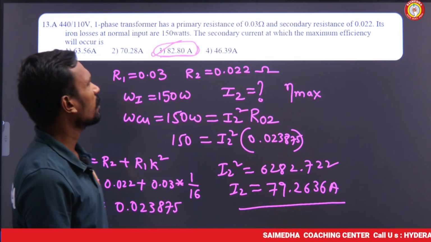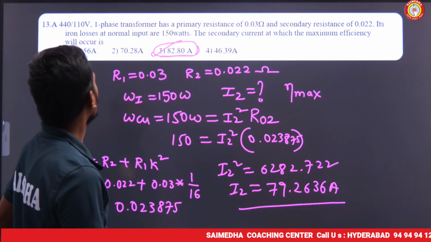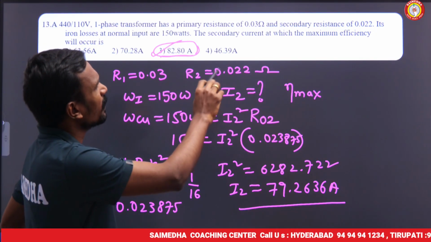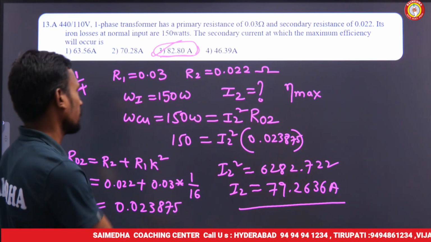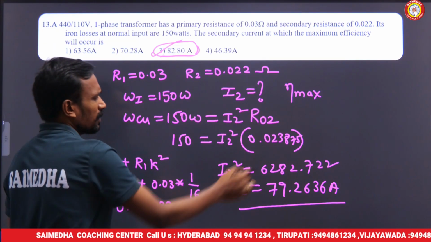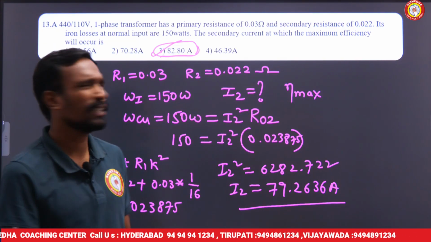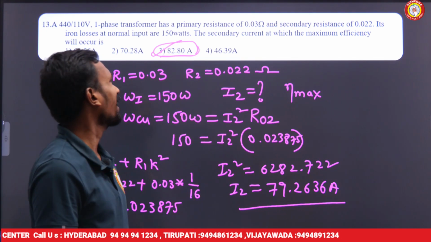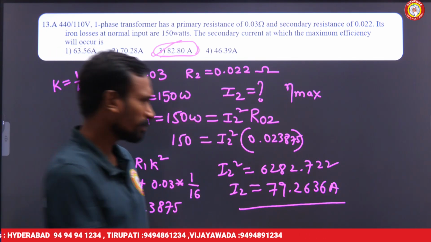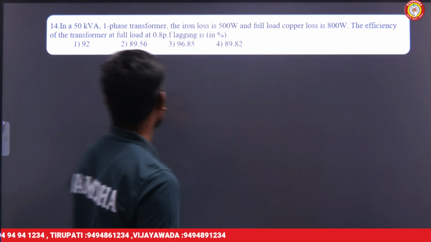This is the secondary current at which the maximum efficiency occurs. It is around 80, but since it is not given exactly, in the range of 82.8 amperes. Let's go for the next question.